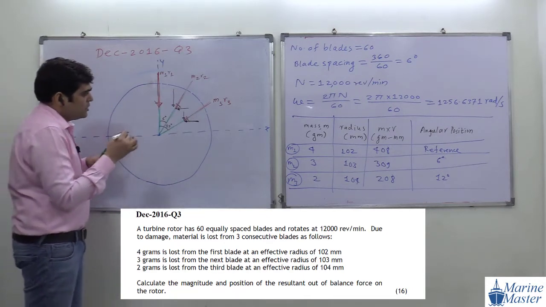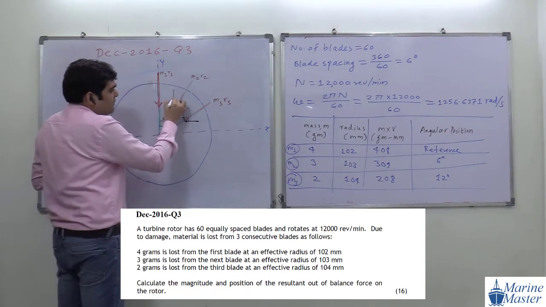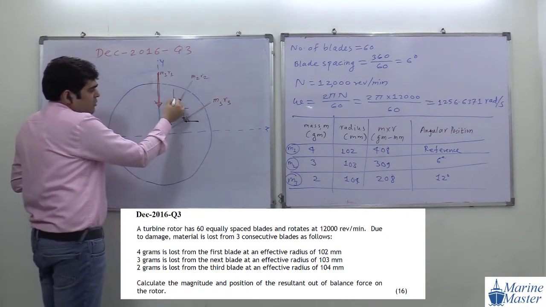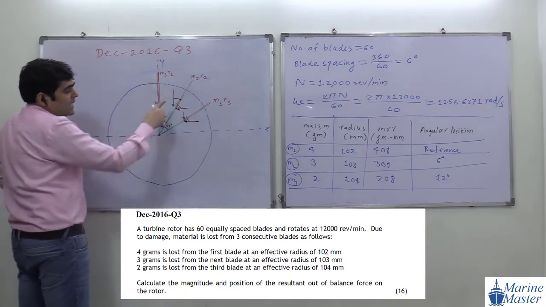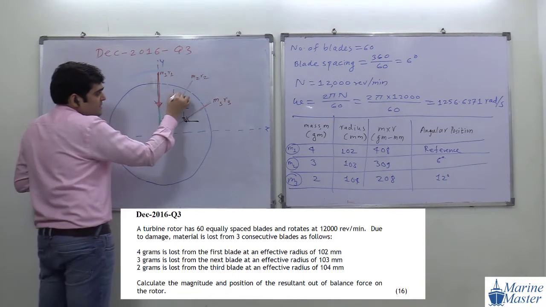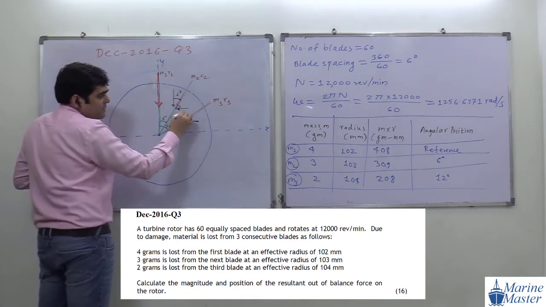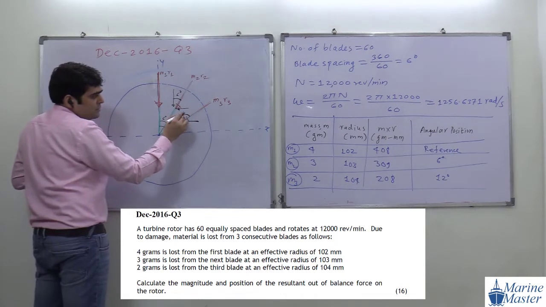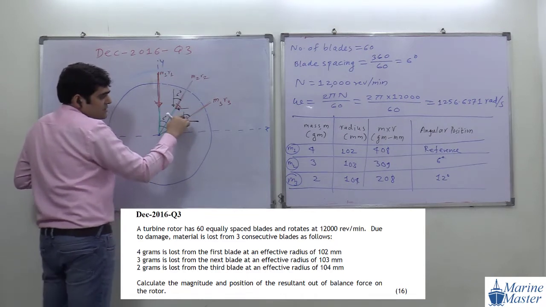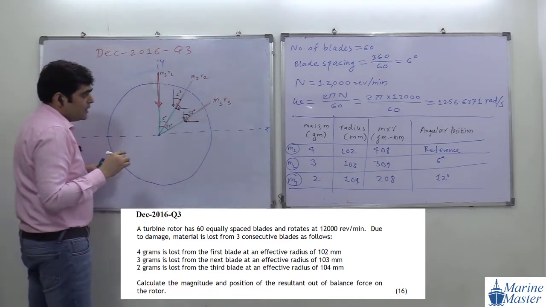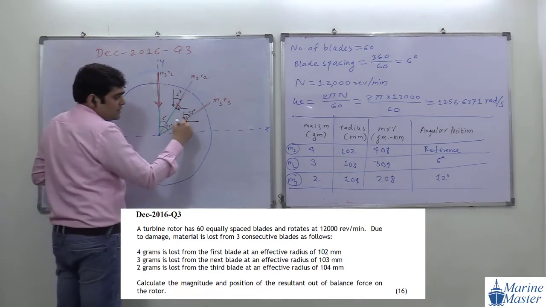Okay, good. So how much will this angle be? Angle of M2 R2 with respect to this vertical component is 6 degrees. Angle of M3 R3 with respect to this vertical component, how much is this angle? 12 degrees. Okay, good. Now we will come to this component.